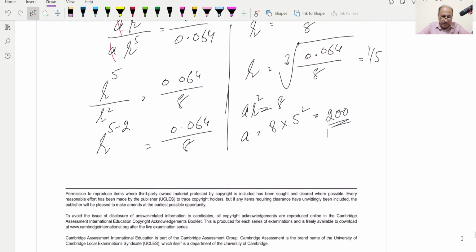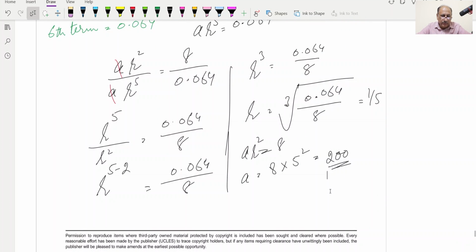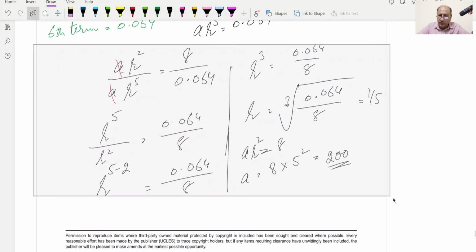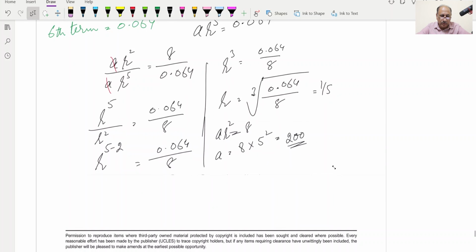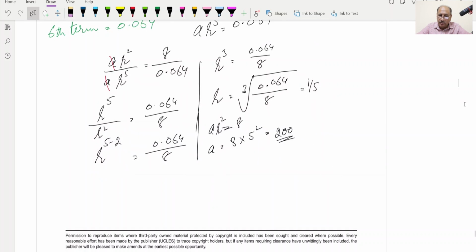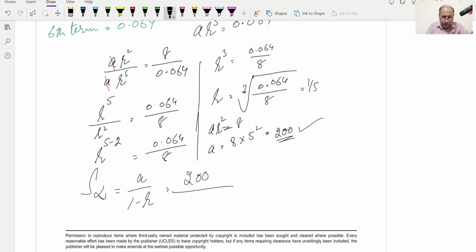Now after getting this, we can find the sum to infinity. S infinity will be equal to a over 1 minus r. The a value is 200, which we just found, over 1 minus the r value, which is 1 over 5.